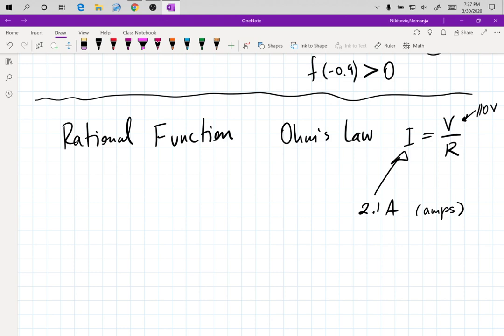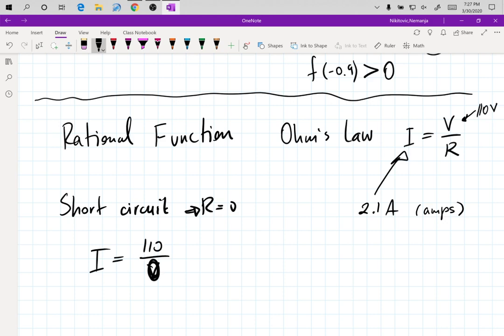What's interesting is that short circuit is R equals 0. So here is your function at work. I equals 110 volts divided by 0. That is trying to make a vertical asymptote.